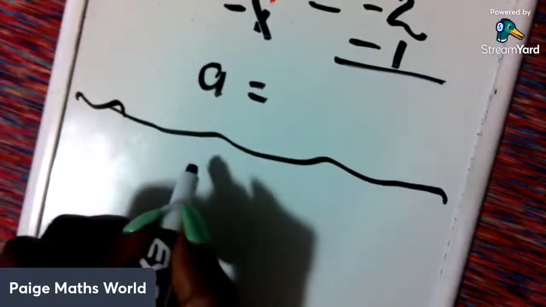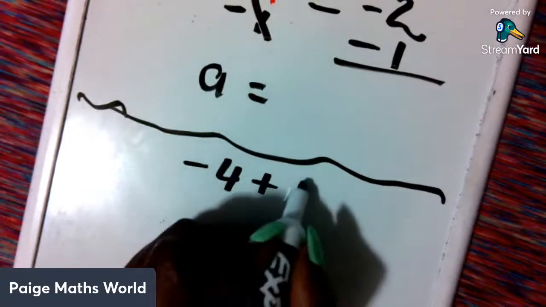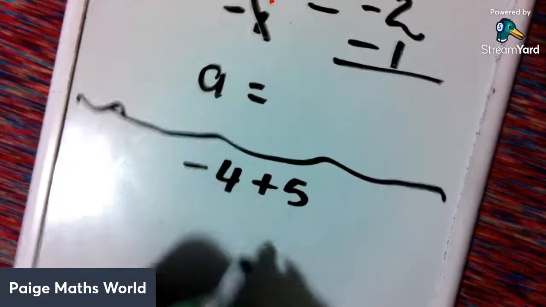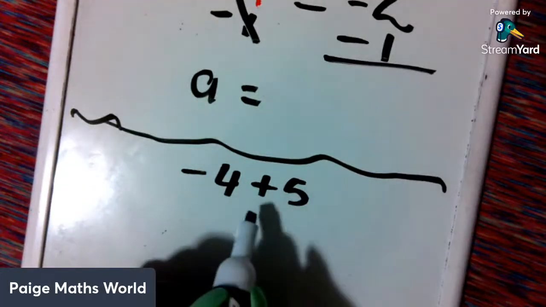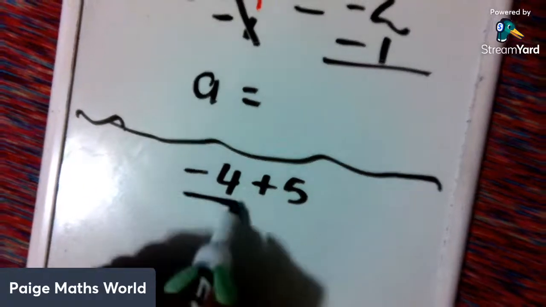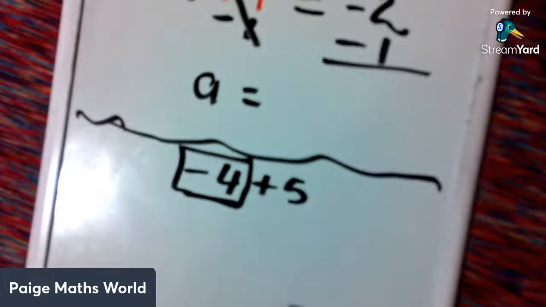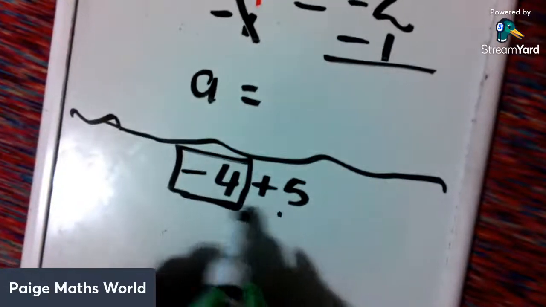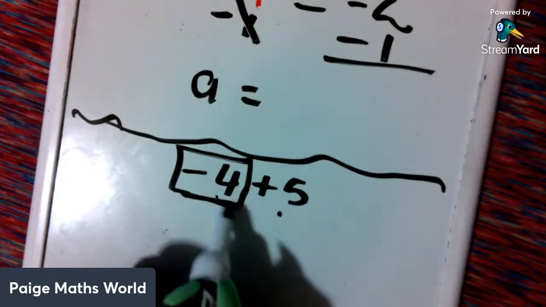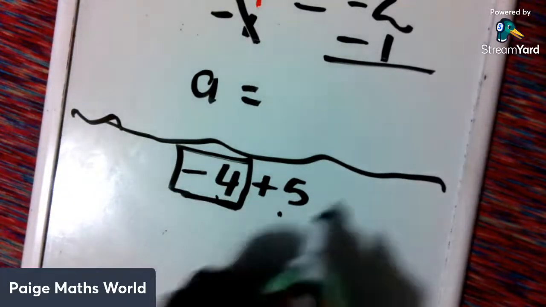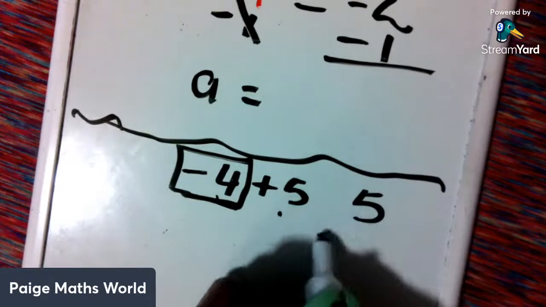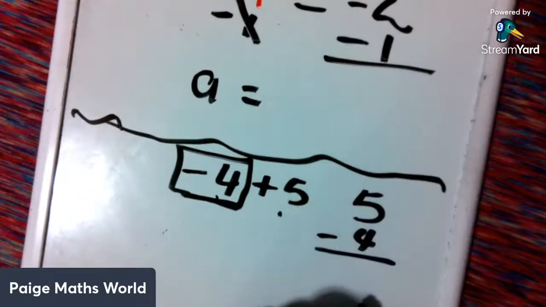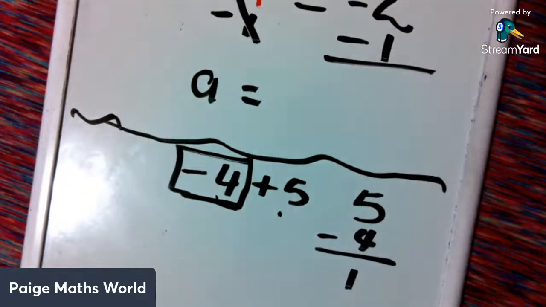So you had negative 4 plus 5. What this is saying is you're owing $4, right? That's what you're owing. And you have $5. When you pay this person their $4, or let me write it how we do it in primary school, 5 take away 4. And that's going to give us 1, isn't it?